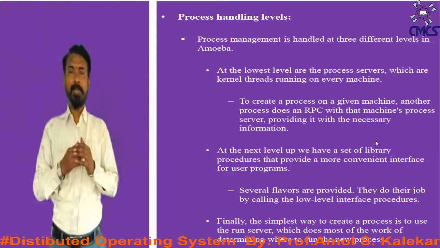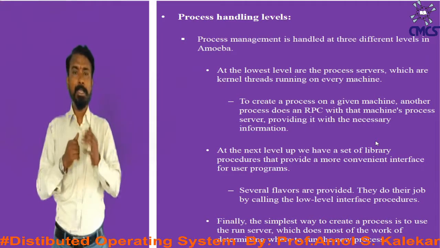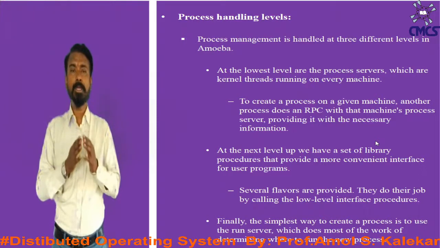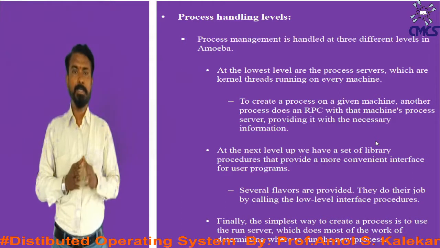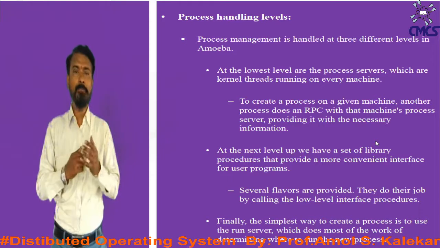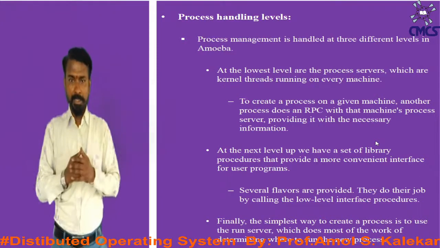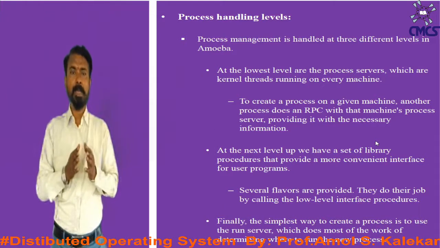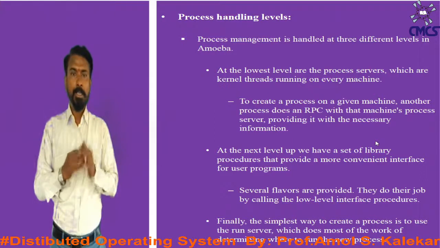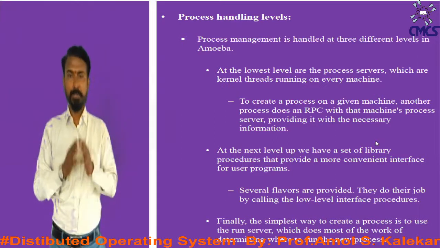Then the second level, at this next level up, we have a set of library procedures that provide more convenient interfaces for the user's program. Within this, several flavors are provided. They do their job by calling the low-level interface procedures.